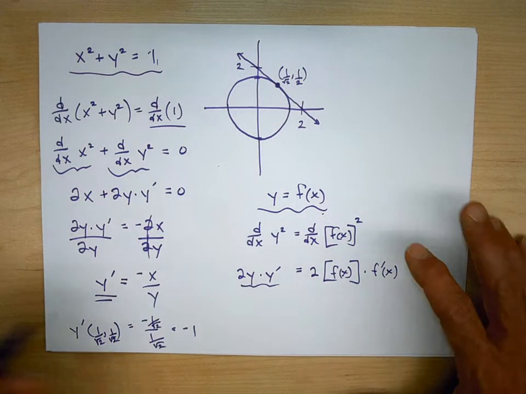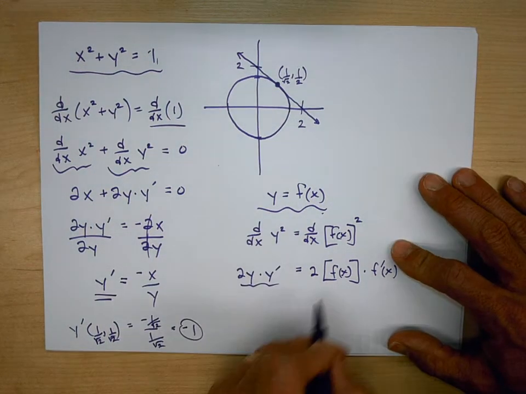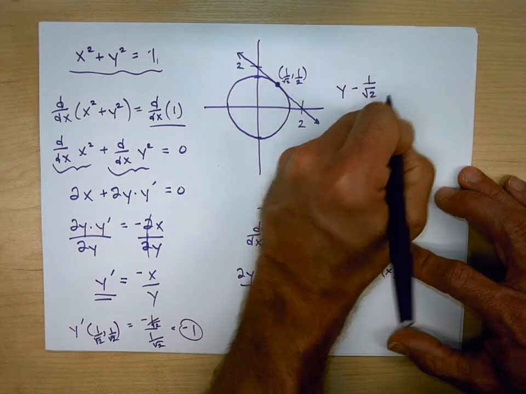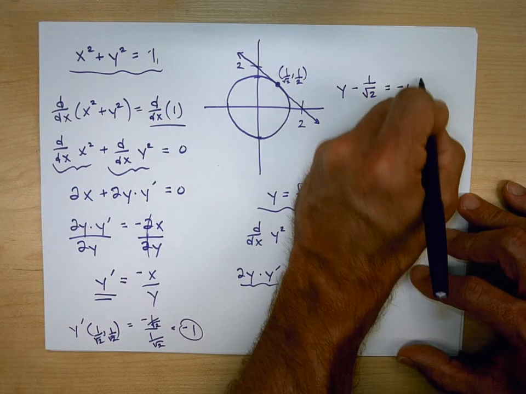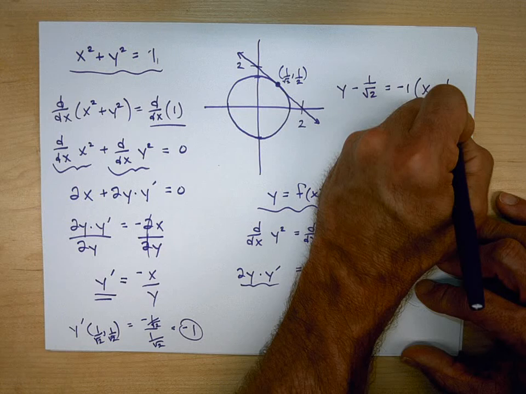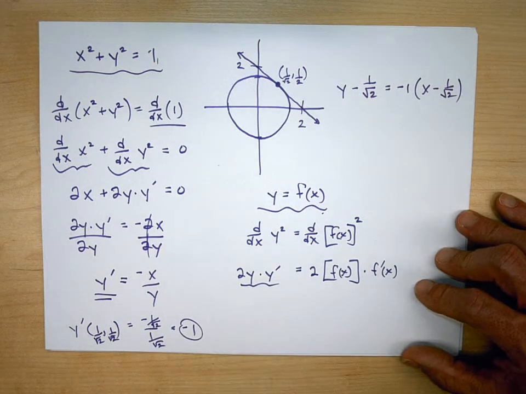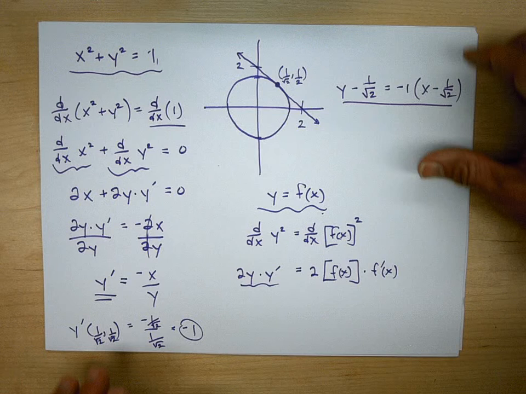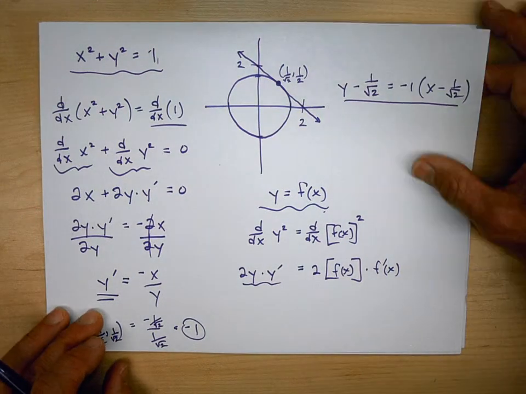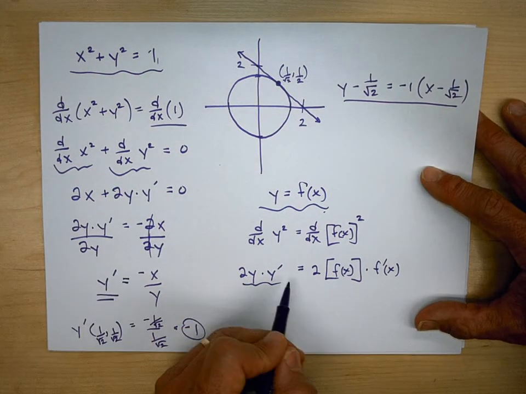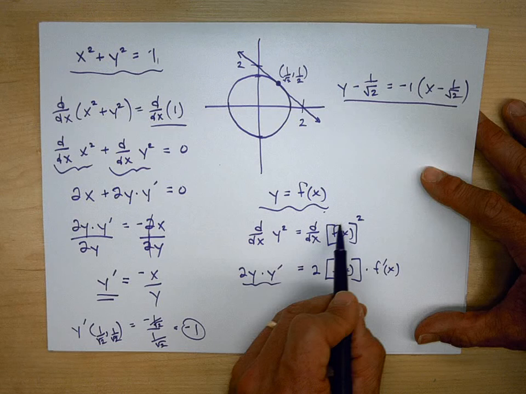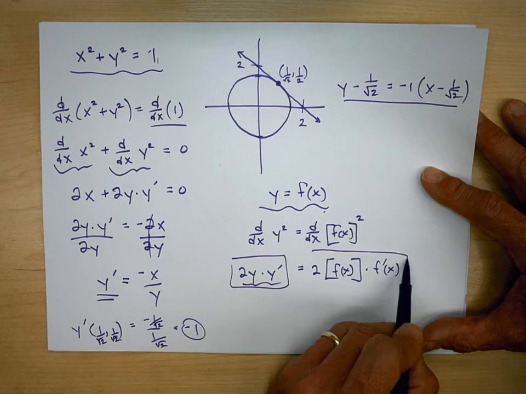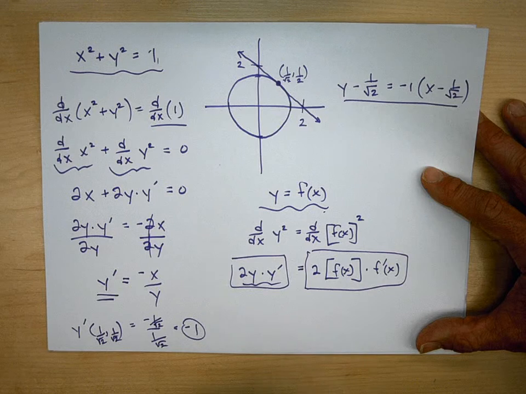So if we wanted to find the equation, now that you know the slope, it would just be y minus 1 over square root of 2 equals negative 1 times x minus 1 over the square root of 2. Not pretty, but that is the equation of this line. Okay, so that's the idea. It's this idea right here, using the chain rule, that is how we solve for y prime.